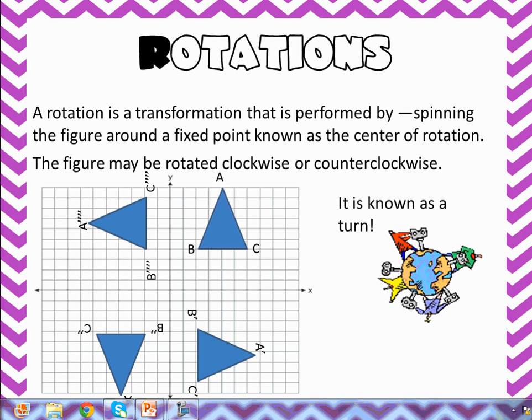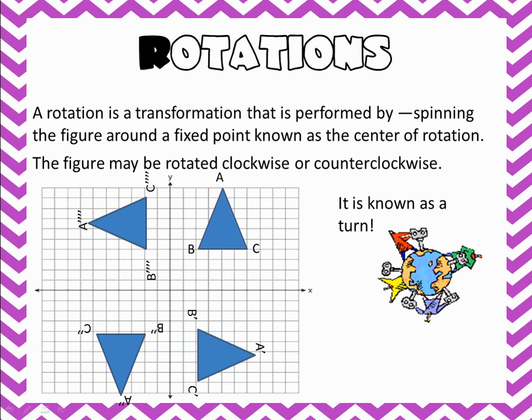It is the same concept if we go counterclockwise. Counterclockwise is just basically we go in the opposite direction. So to go 90 degrees counterclockwise, if I'm in the first quadrant, I end up in the fourth quadrant. That's a 90-degree angle counterclockwise.